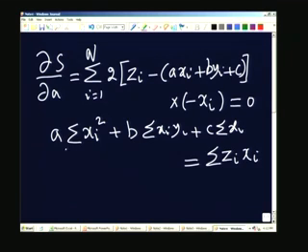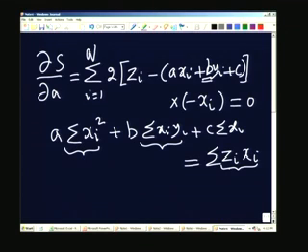It involves the square of the x values, the product of x and y, and also the product of z and x. In fact, you can immediately see that when I take the derivative with respect to b, here instead of x_i squared I will get x_i y_i, here I will get y_i squared, here I will get y_i, and here I will get z_i y_i.